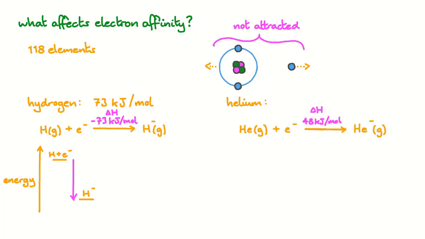If we could add an electron to a helium atom, it would take about 48 kilojoules per mole. This means that the electron affinity of helium is about negative 48 kilojoules per mole. So we've seen that some elements have positive electron affinities and some of them have negative electron affinities. So for some elements, adding an electron to their gaseous atoms is exothermic, and for others it's endothermic.